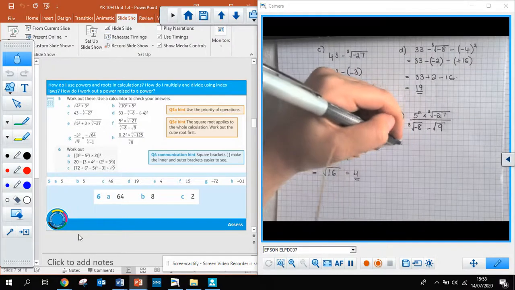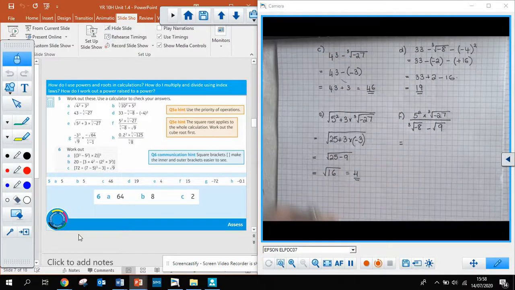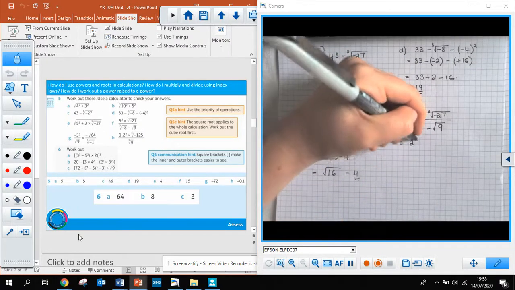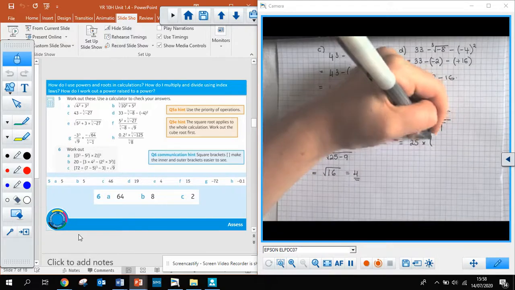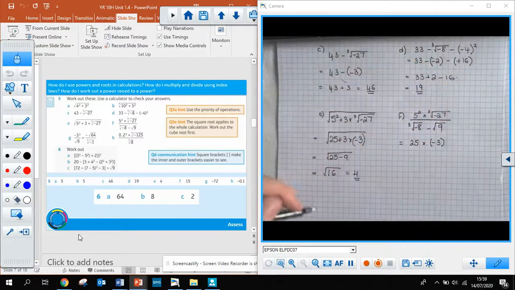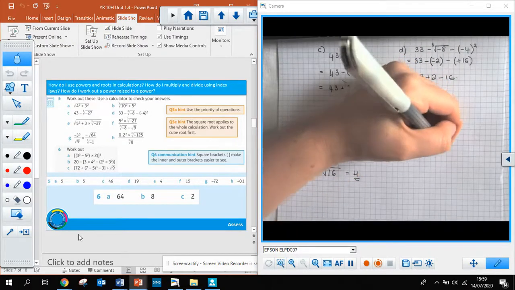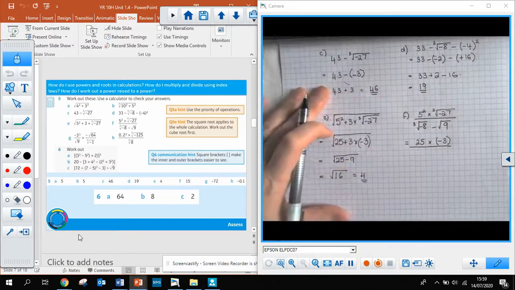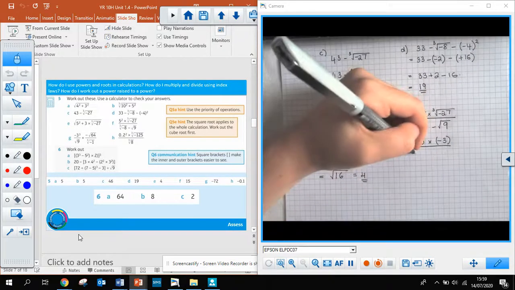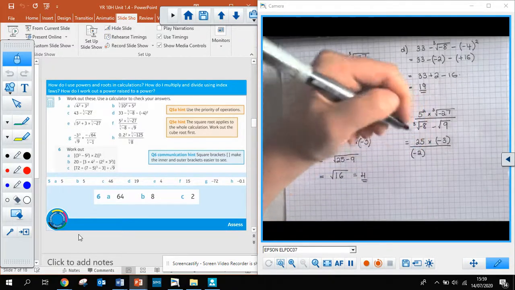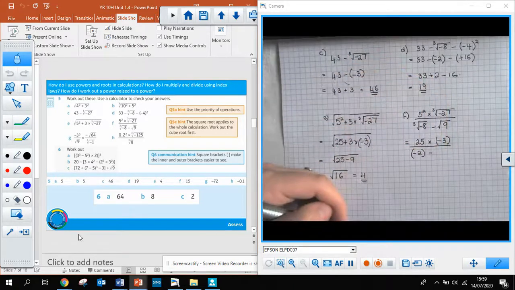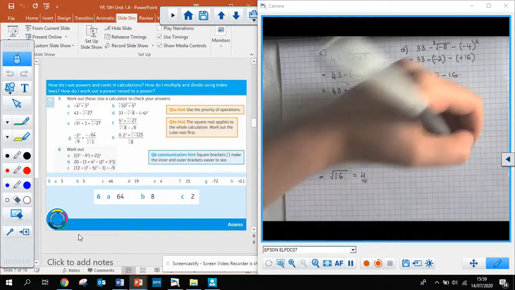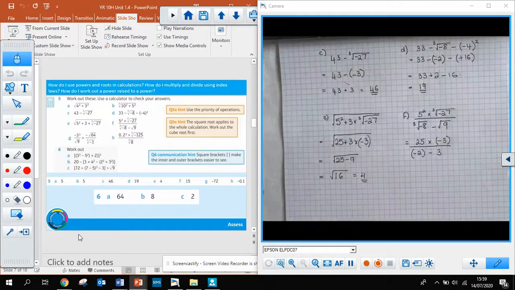So I'm going to work out each part first. So 5 squared is 25. Multiplied by the cube root of negative 27, I know it's negative 3, all over, so divided by the cube root of negative 8, which I know is negative 2, minus, subtract the square root of 9, which is 3. Okay, so minus 3.